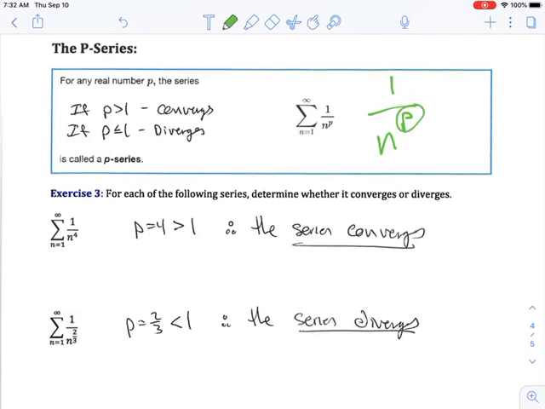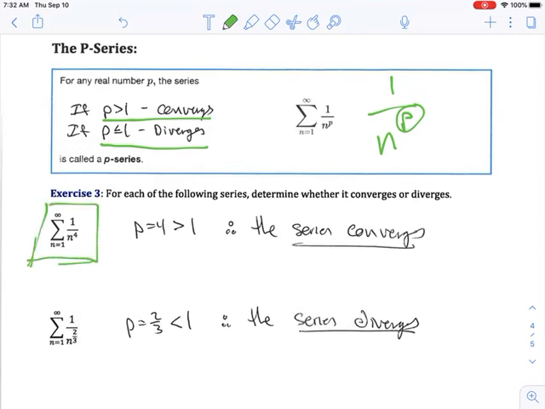Now, if p is greater than 1, then the series is going to converge. If p is less than or equal to 1, the series diverges. So if you can identify a series as being a P-series, it's extremely easy to determine if it converges or diverges. So, just a few real quick examples. Here's a problem.